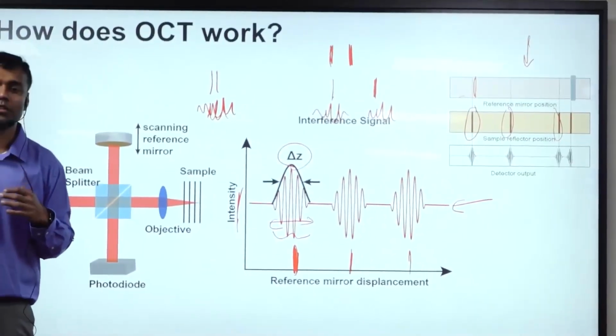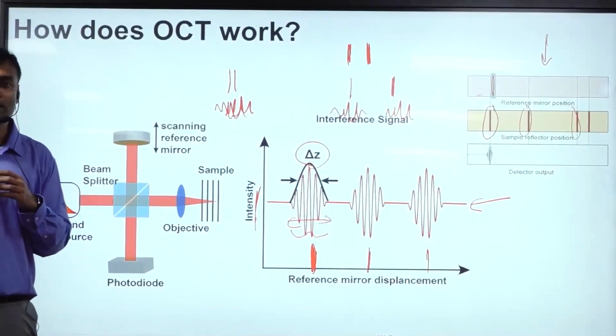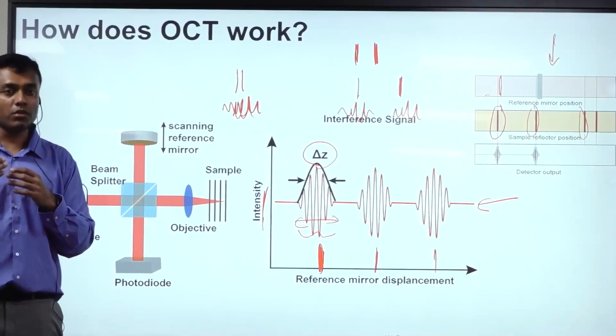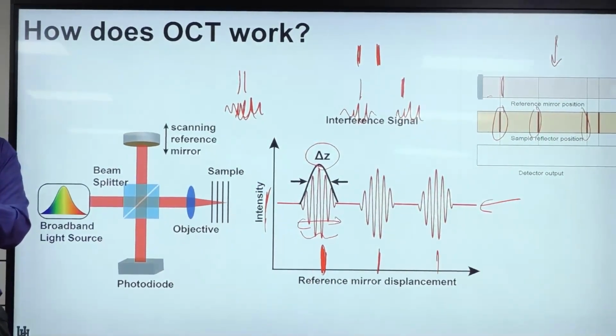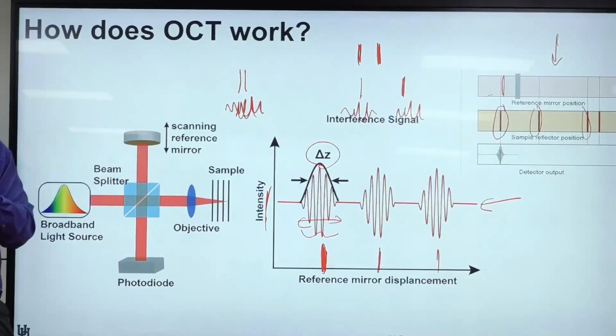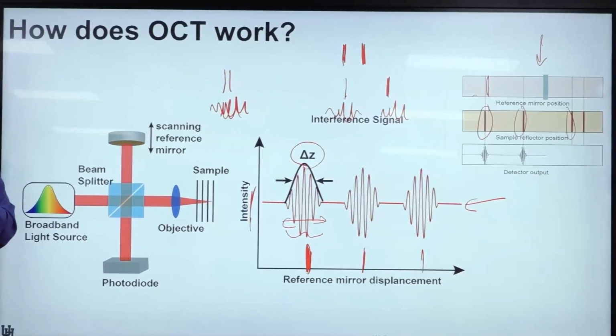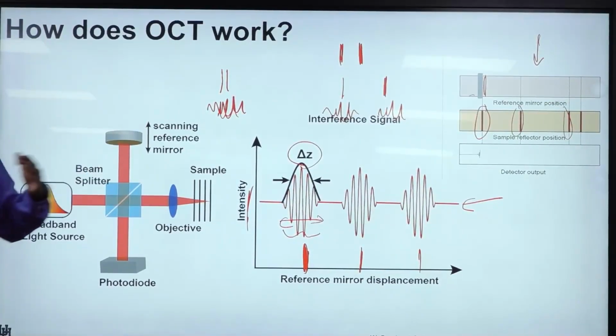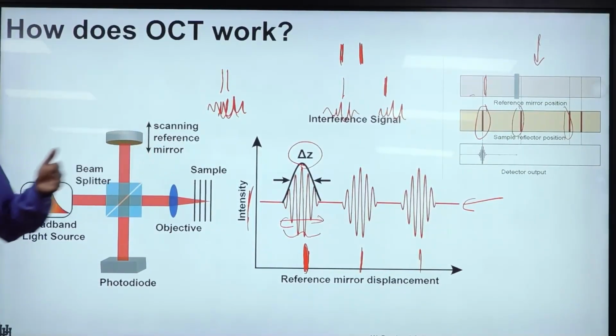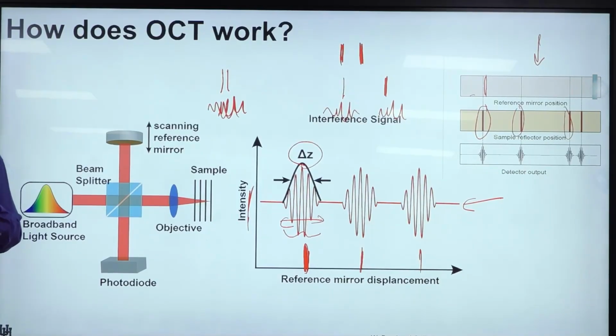One way to think about it is you send a pulse, but you can't measure the time back. What you do is send a pulse, split it into two, and send one pulse in one direction and another pulse in another direction. There is a mirror which reflects it back, and then there is an unknown distance which you are trying to figure out.